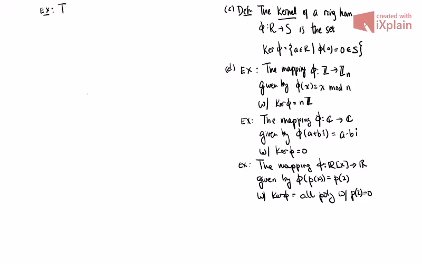We'll look at the mapping phi, which will go from Z12 to Z30 given by phi of x is 10x mod 30. Both of these are addition. So it looks like you might say to yourself, let me preface this by saying this is not obvious.